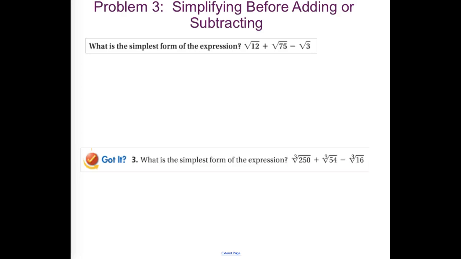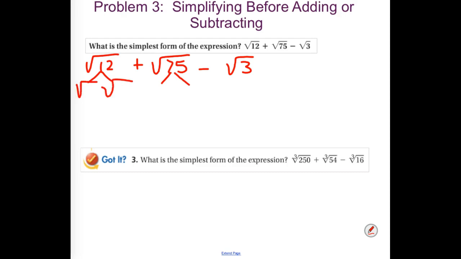Okay? So looking at our first one here, we have the square root of 12, the square root of 75, and the square root of 3. What can I do with a 12 to break that down? 4 times 3, square root of 4 is 2. So the square root of 12 is really the same as 2 root 3.